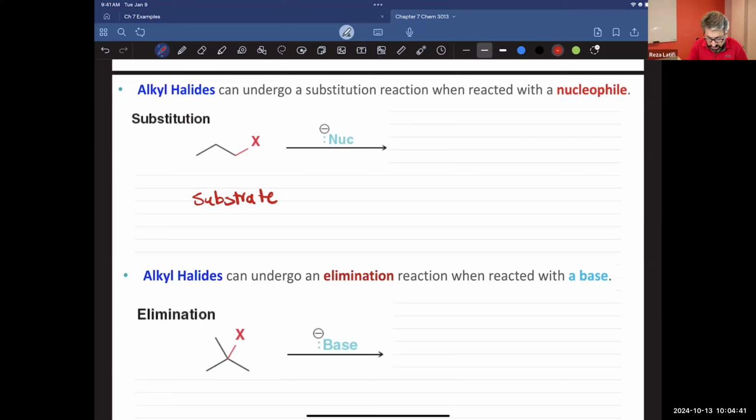So you can have, for example, OH-, which has 3 lone pairs and also has a -1 charge. Or your nucleophile might be a neutral compound like H2O, which has 2 lone pairs, and it can use those 2 lone pairs to kick out the halide.